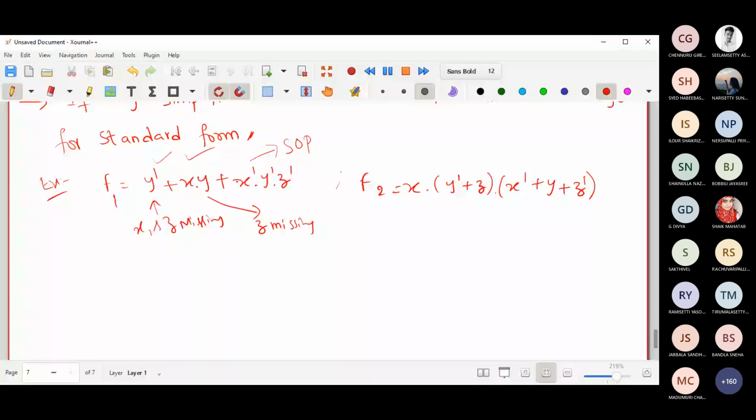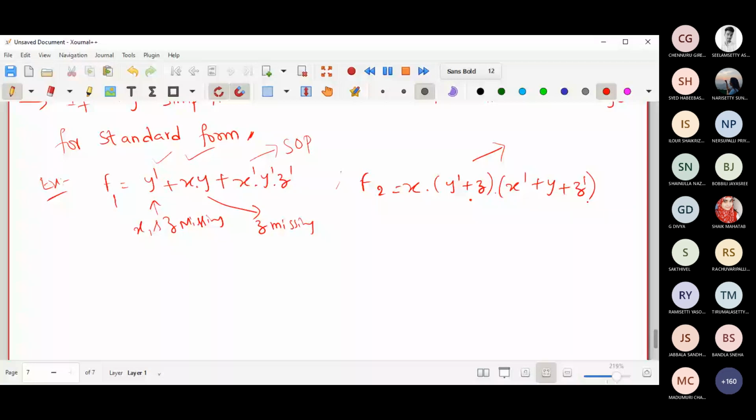Suppose here the f2 function is there. These terms are sum terms. Y bar plus z is one sum term. Another sum term is x bar plus y plus z bar.